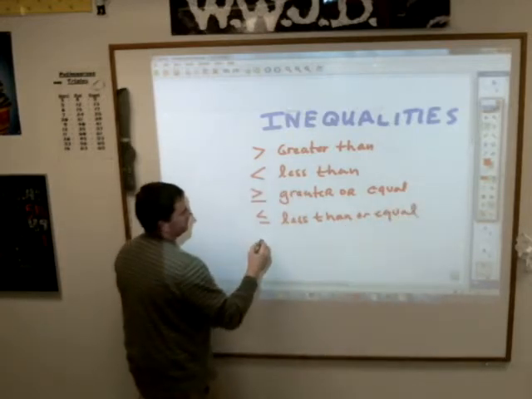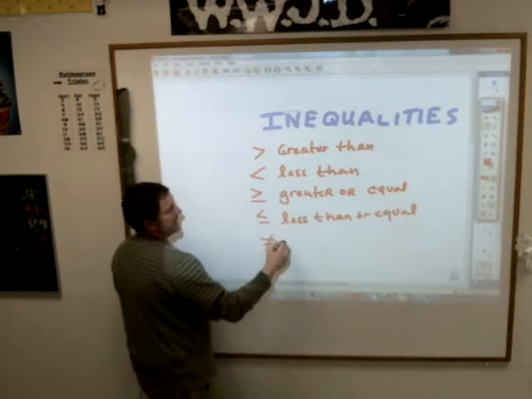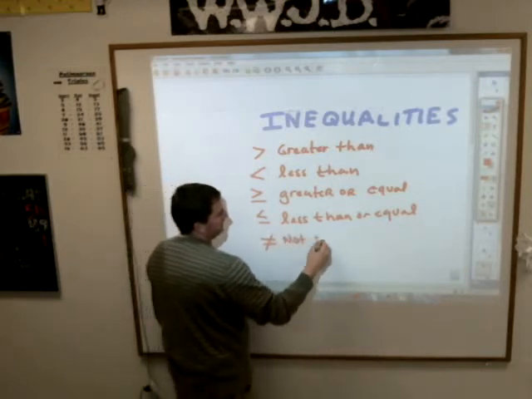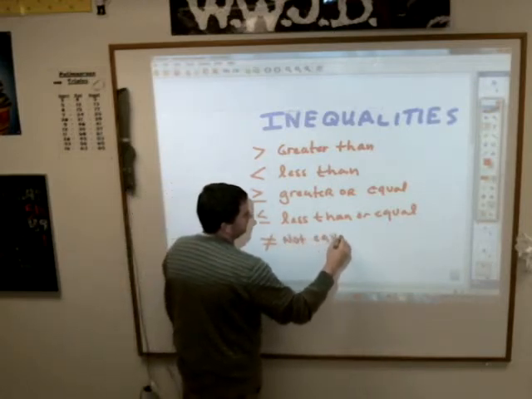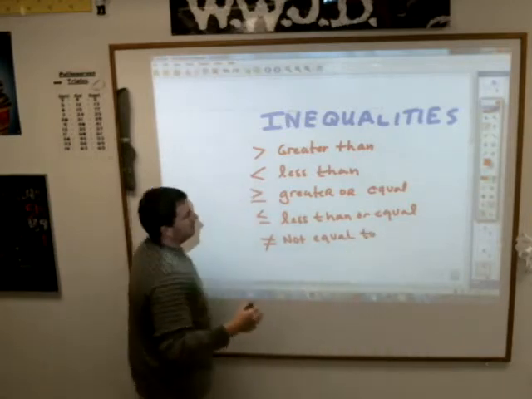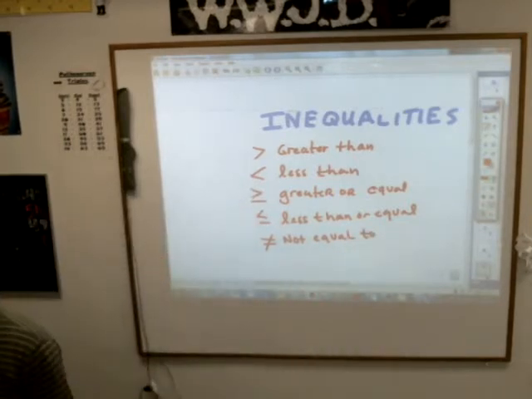And then we also will throw this one in here. You've got the not equal to sign. We also have the negatives of those, but I don't think they give them to you just yet, so I'm not going to give them to you just yet.